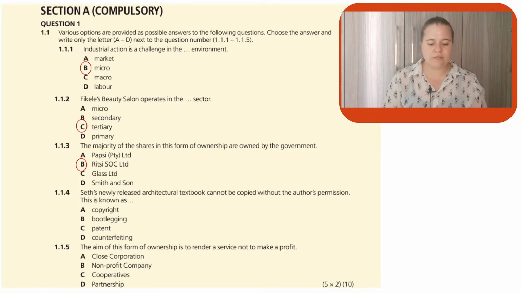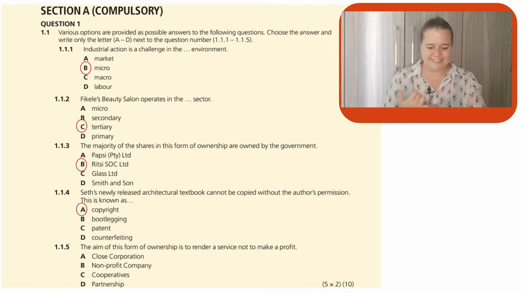Then Seth's newly released architectural textbook cannot be copied without an author's permission. This is known as copyright. Remember, with copyright, you need to get permission in order to do that. Now we know bootlegging, that's a socioeconomic issue.